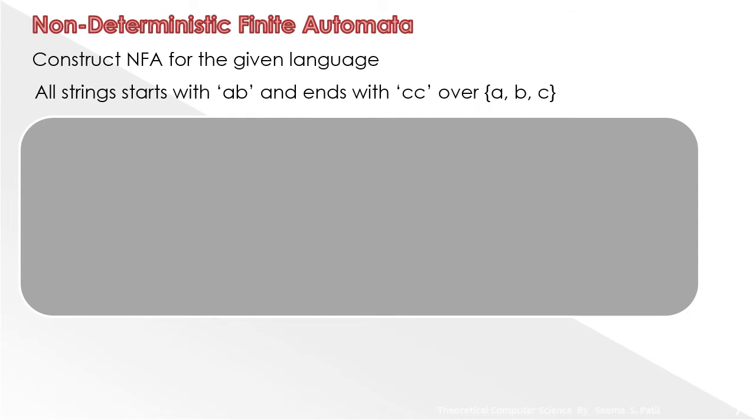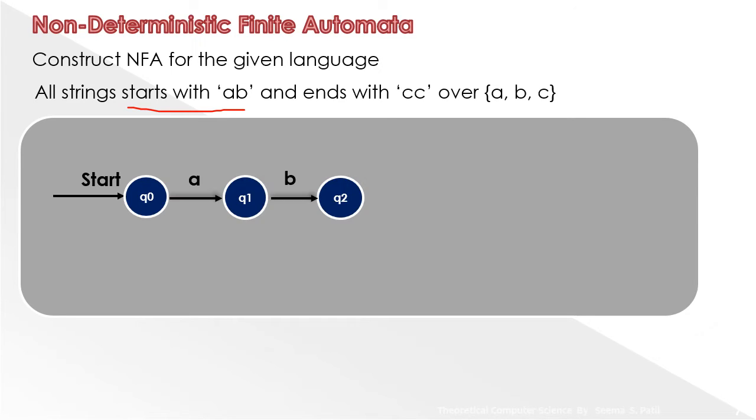Now construct the NFA. The language given is all strings that start with ab and end with cc over {a, b, c}. You should start from the q0 state. Now you want it to start with ab, so you have to draw in this way: a, b.